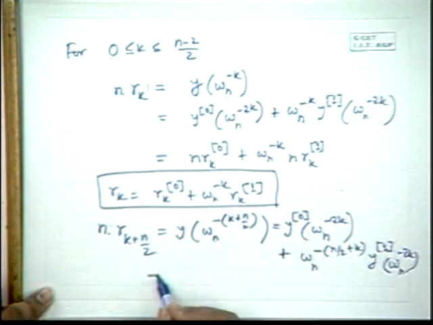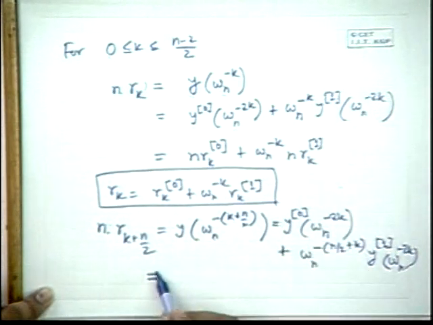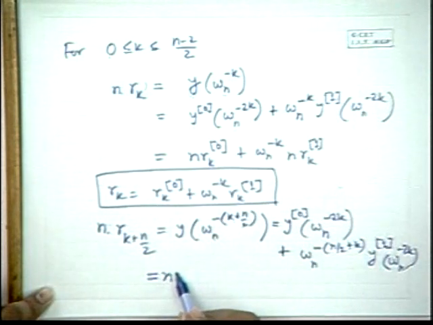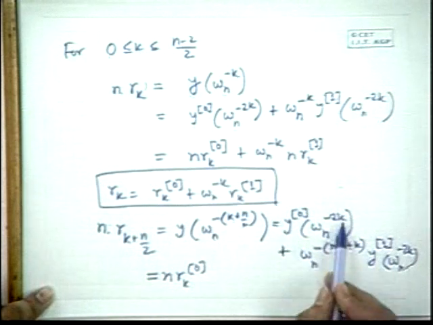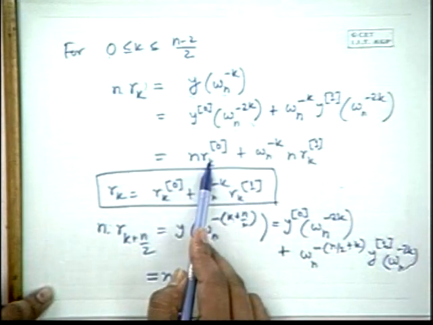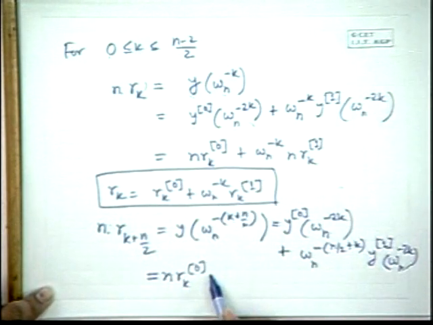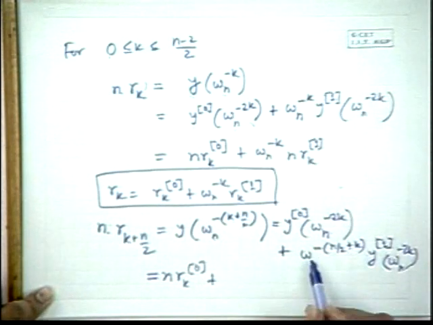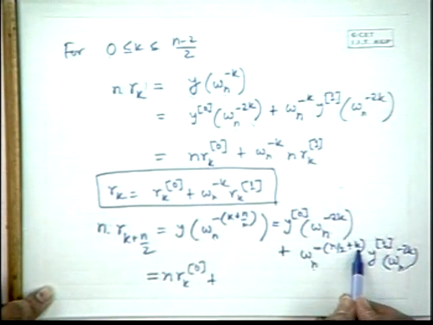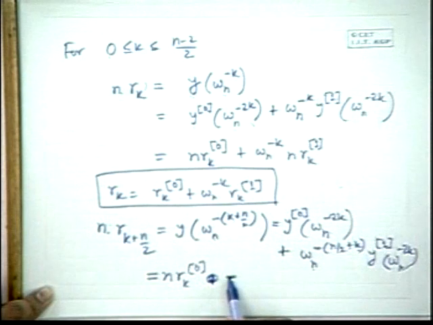Now this part is nothing but n times Rk0, we have already seen this, like here nRk0, here also this is nRk0, plus now Wn minus n over 2 plus k, this is nothing but minus of Wn minus k. This is true.